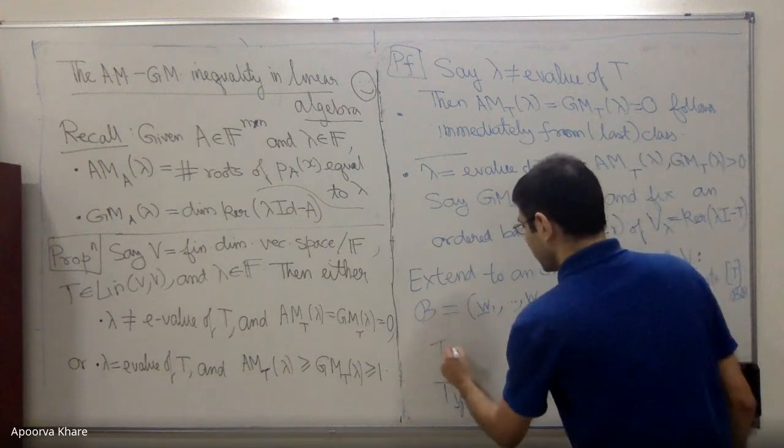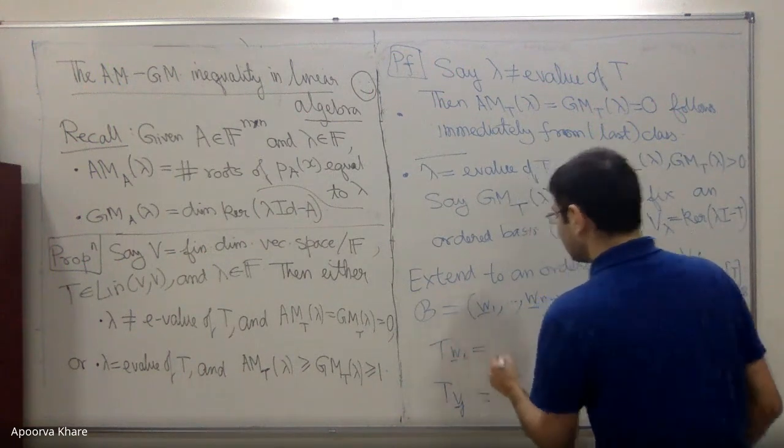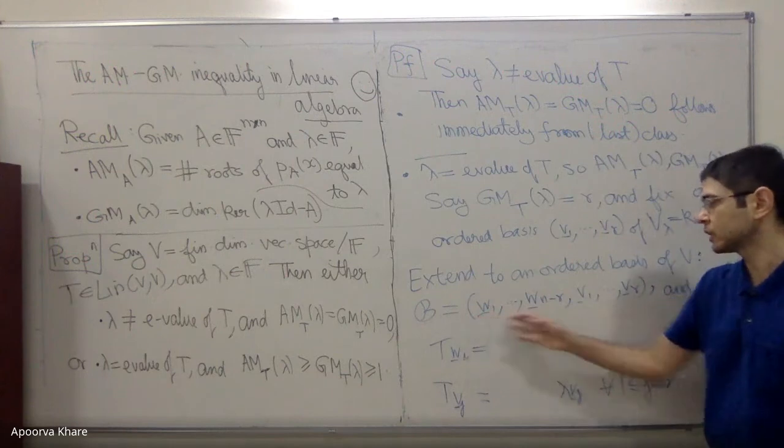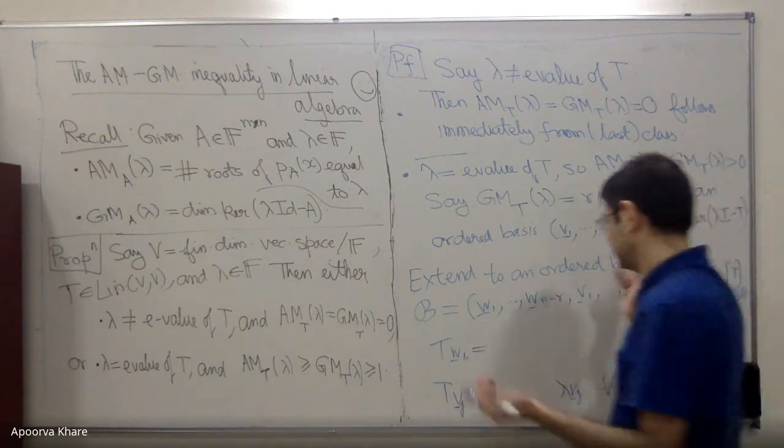And now what about T Wi? Well, I don't know what it is. It's some combination of the Wj's plus some combination of the Vj's. So let's write this down.